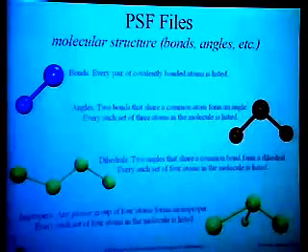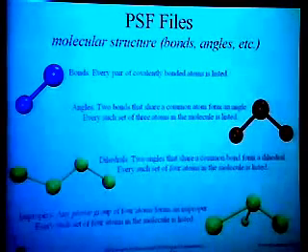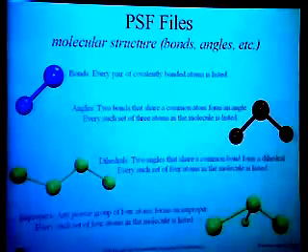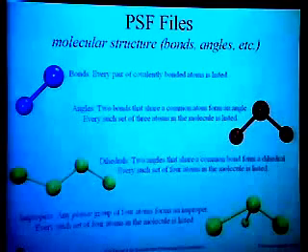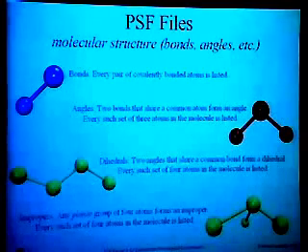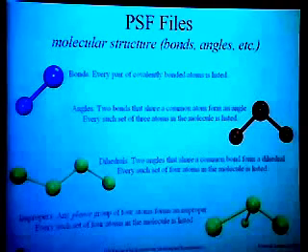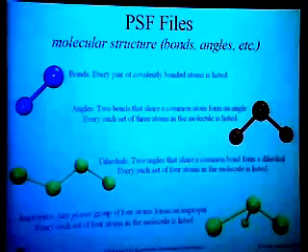Also in the PSF file, in addition to the names of the atoms, we need to know what their connectivity is. So every pair of covalently bonded atoms is listed in the PSF file. But there are also other terms which are used to apply forces in the simulation that have to be specified. Angles and dihedrals. So every pair of bonds forms an angle.